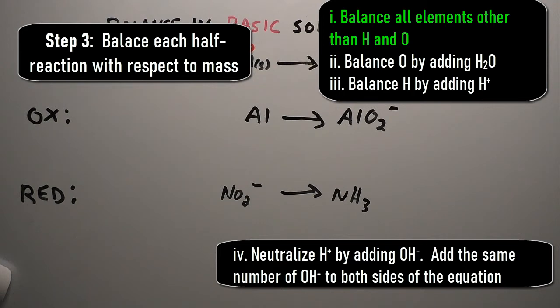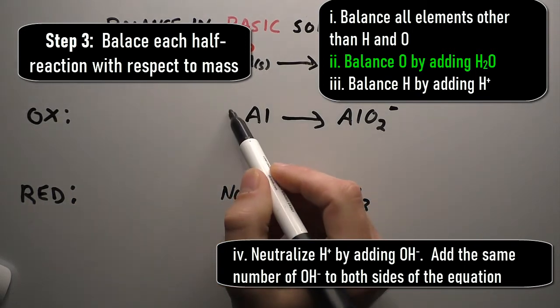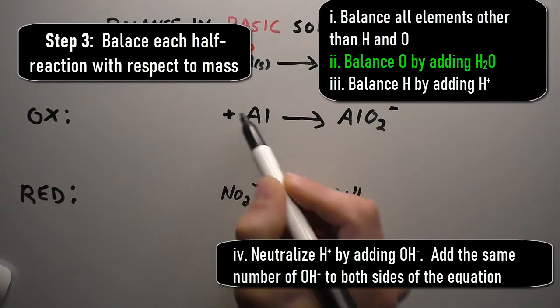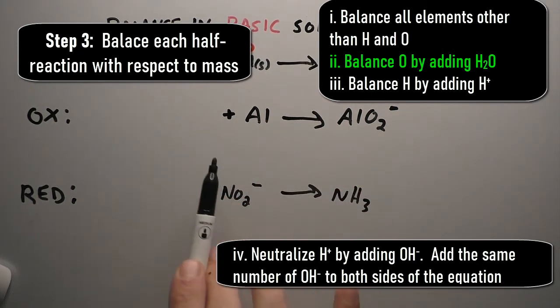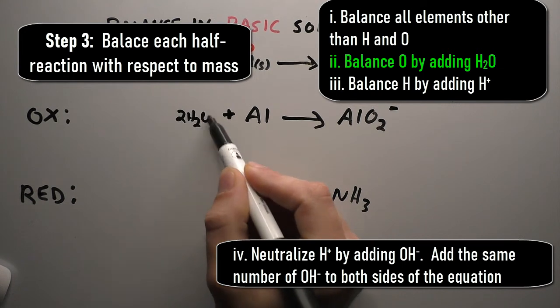The next one is to balance oxygen by adding water. So in the case of the oxidation half reaction, we have 2 oxygens over here, so we need to add enough water to give us 2 oxygens over here. So how many waters do we need to add to get 2 oxygens on the left? That would be 2, right?